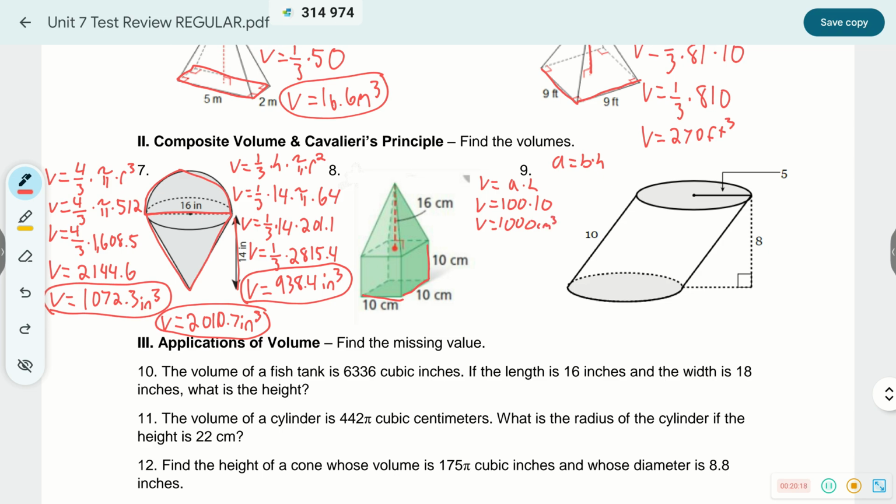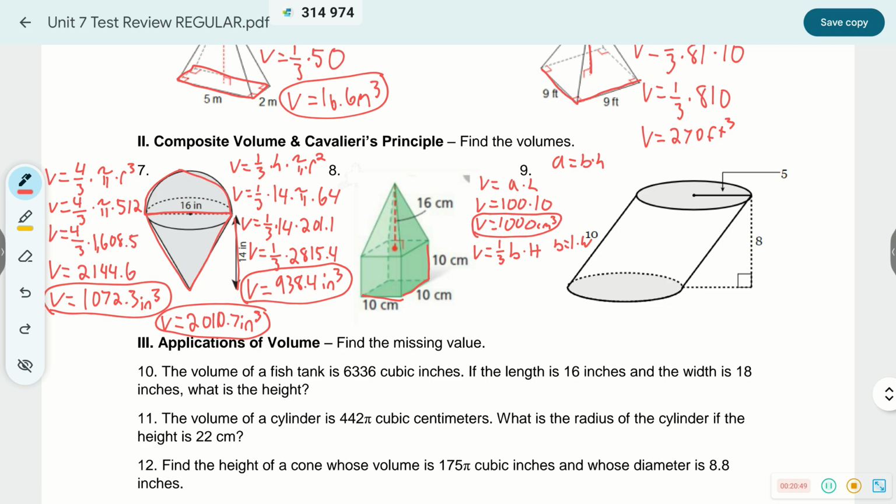And then we just need to find the volume of the pyramid. So the volume of a pyramid is 1/3 base times height, where the base equals length times width, remember? Well, what is our base?